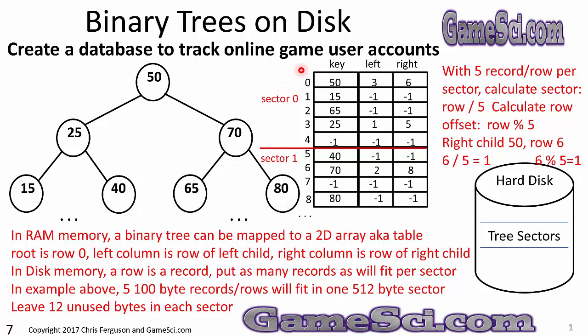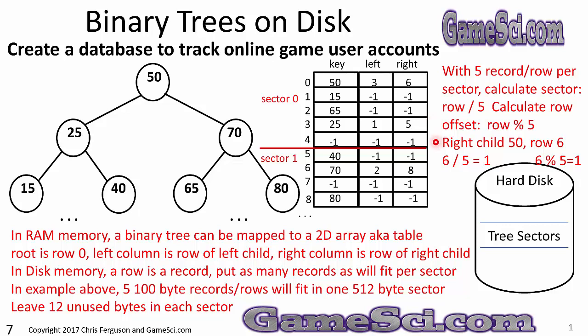And you can see I put 5 records in sector 0 and 5 records in sector 1. With 5 records or rows per sector, you can calculate each sector. Row divided by 5 will calculate the sector number. To calculate the row offset, row modulus 5.